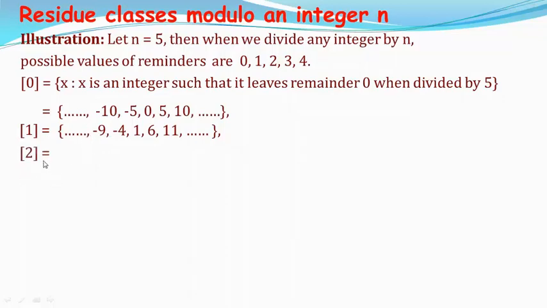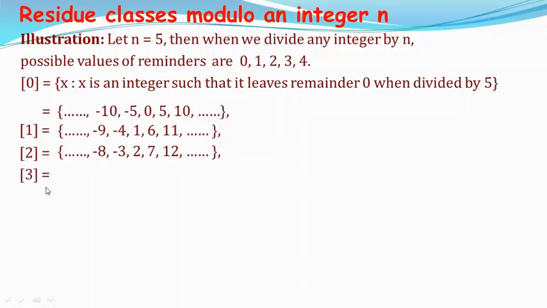Also the residue class of 2 is the set of all integers such that when we divide them by 5, the remainder is equal to 2. So the residue class of 2 is the set containing minus 8, minus 3, 2, 7, 12 and so on.